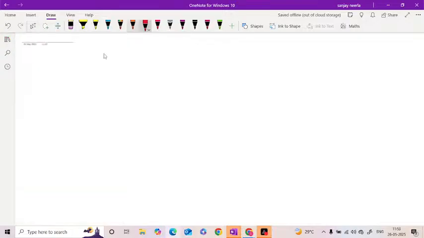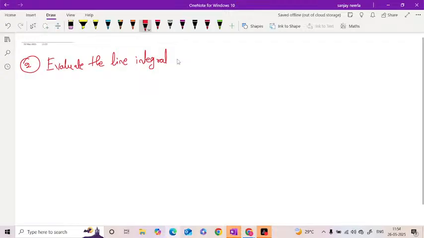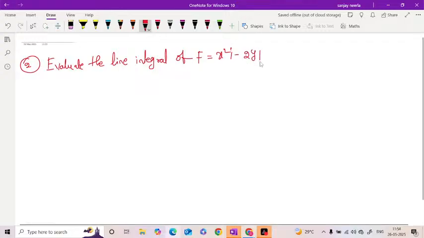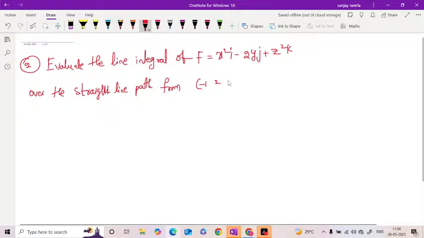Second problem: evaluate the line integral of vector f, x² i minus 2y j plus z² k, over the straight line path from the points (-1, 2, 3) to (2, 3, 5).